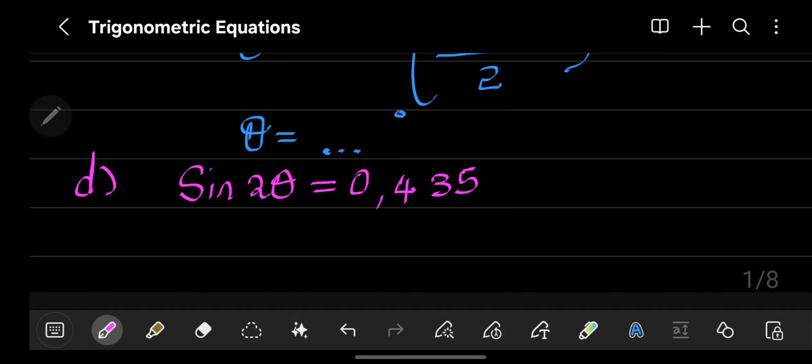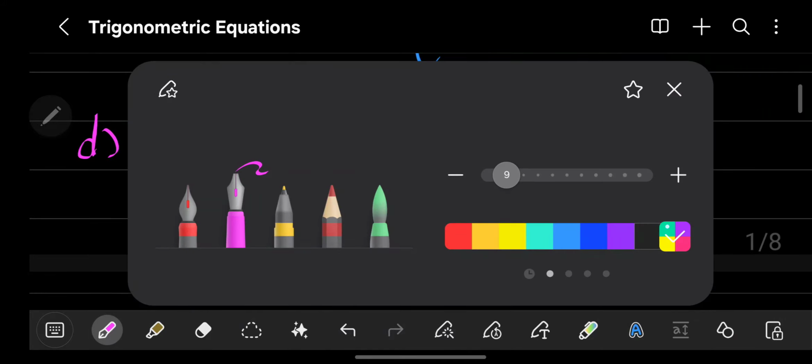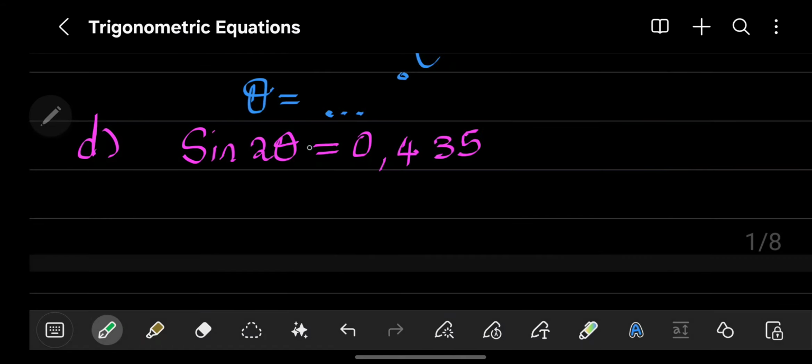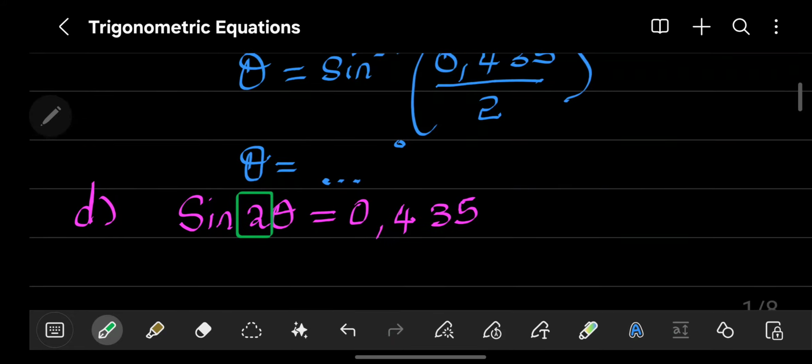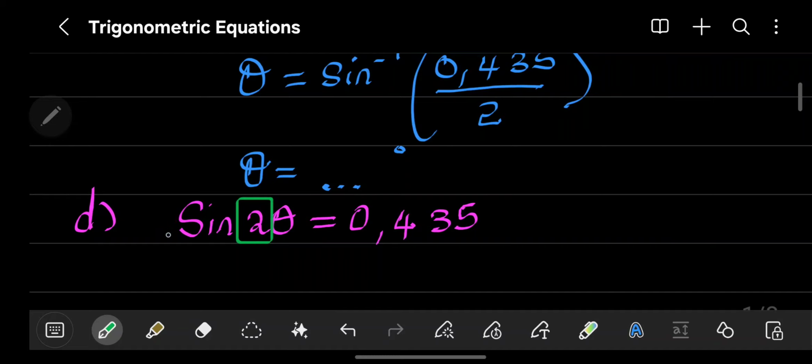Okay, how do you deal with this one? You see now our 2, check where our 2 is. Okay, let me just use a different highlighter. Here is our 2, guys. You see, in our previous example, the 2 was our coefficient of the trigonometric ratio. It was just in front of the trig ratio, right?